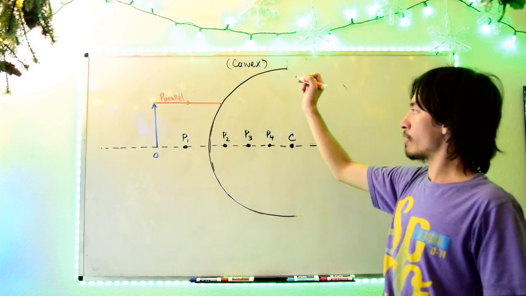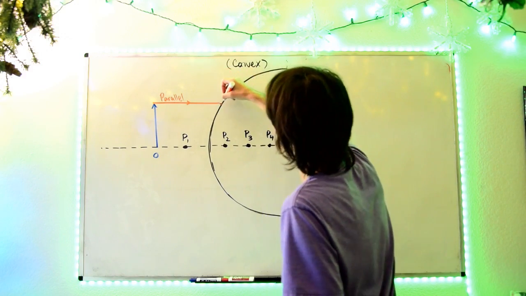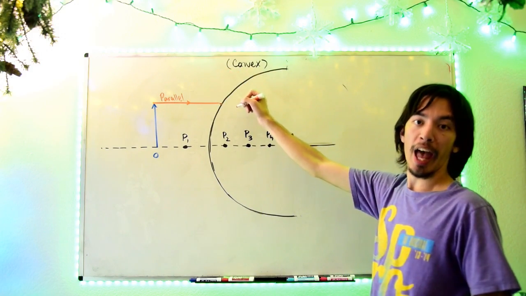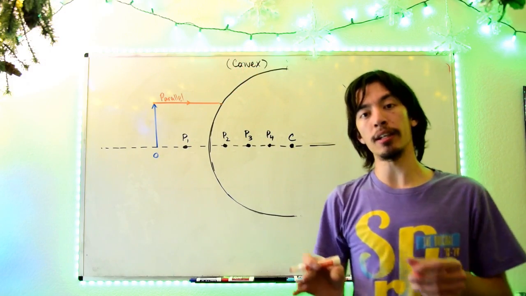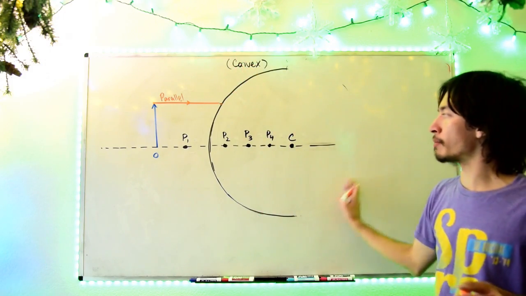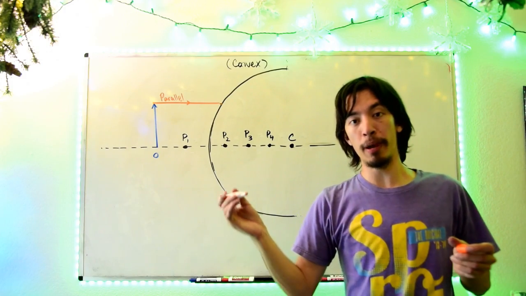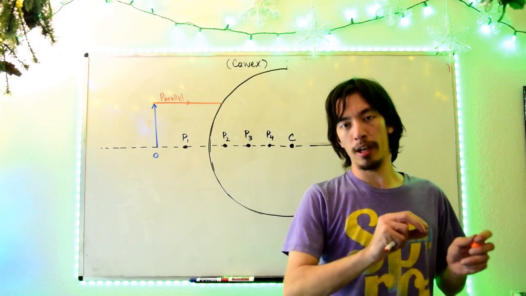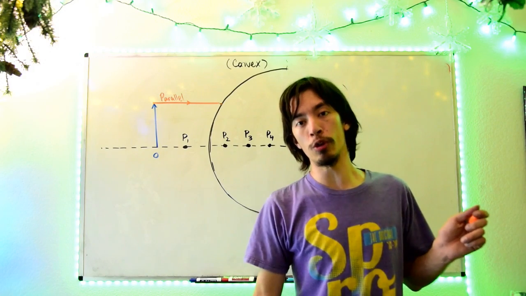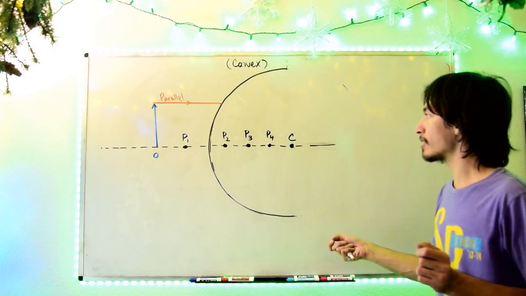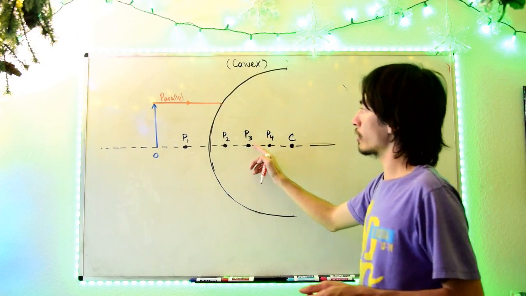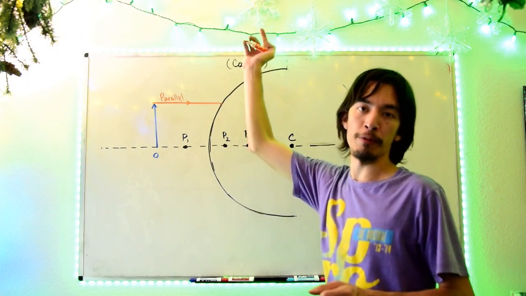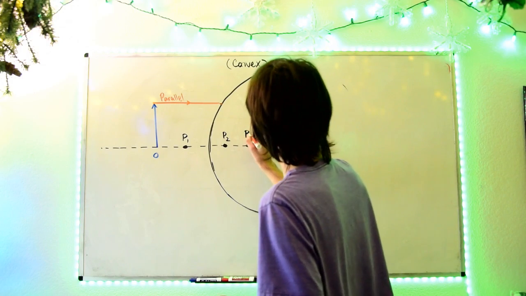But I want you to note that the parallel ray will bounce off in such a way as to go away from the focal point. So if you had the concave mirror, which is the other half of the mirror, the parallel ray would bounce off the mirror and it would bounce back and go through the focal point. But in this case, the parallel ray will bounce off the mirror and it will actually go directly away from the focal point.